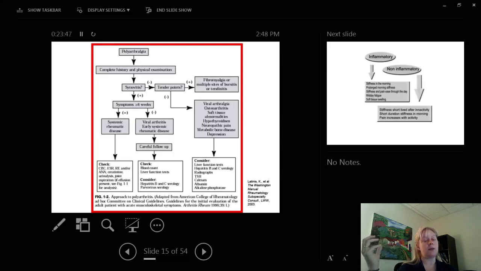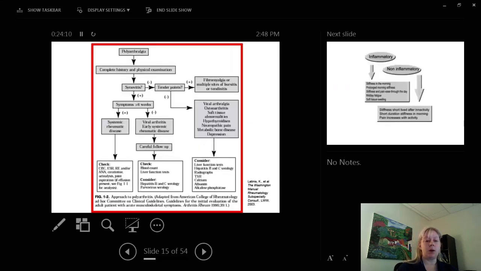So if that's elevated, that pretty much brings you along the road that they most likely have rheumatoid arthritis. The ANA, the anti-nuclear antibody, again, the specificity is pretty low on it. But again, it's a good marker for lupus, actually, and a good marker for autoimmune issues.